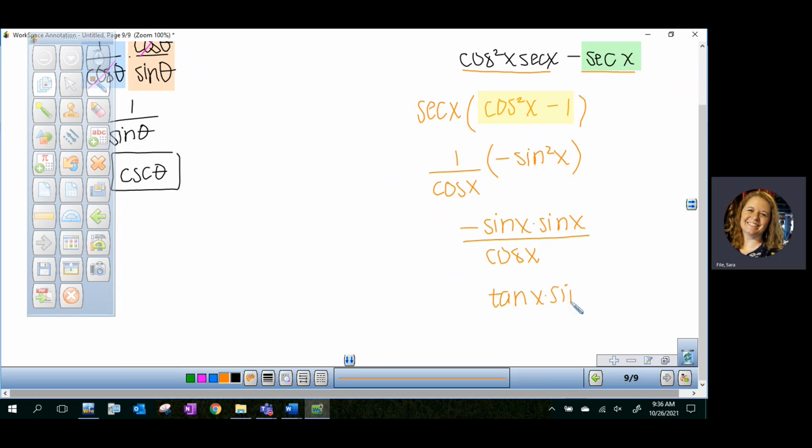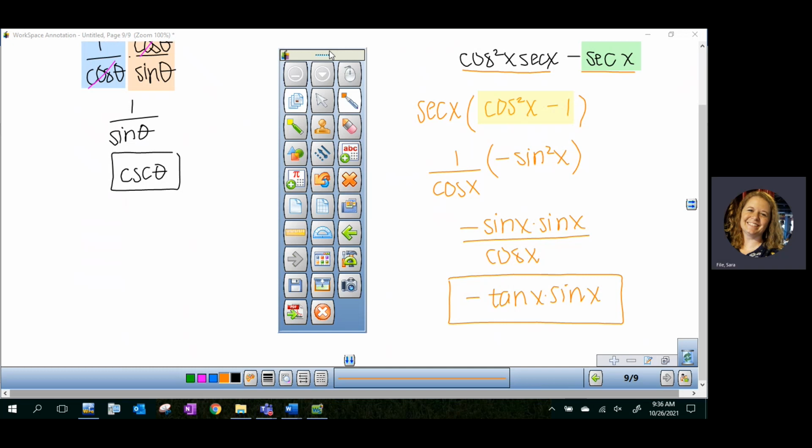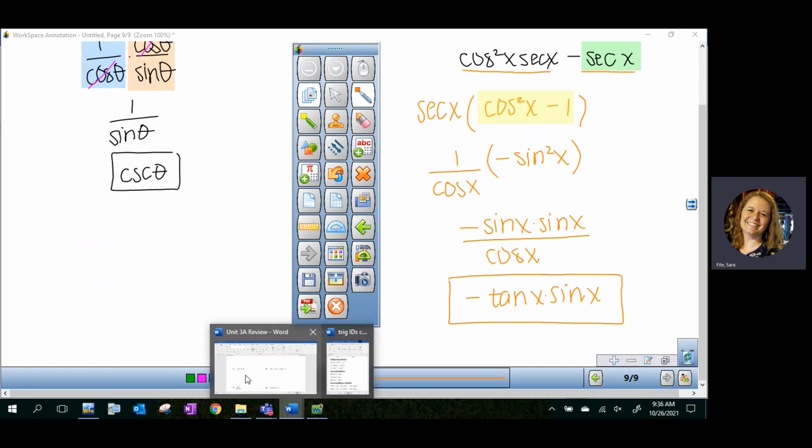That extra sine of x is still there, and then it's negative. And that's as far as we can take that simplification. Okay with that one? All right, let's look at the next couple.